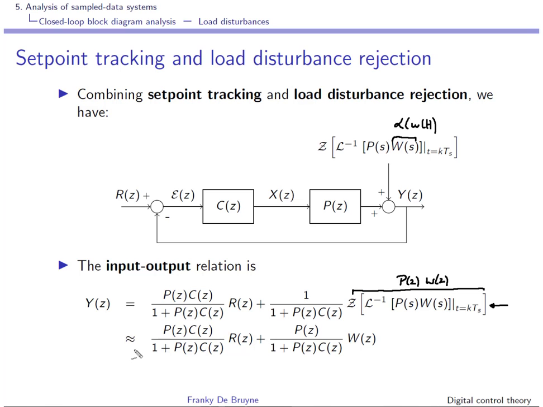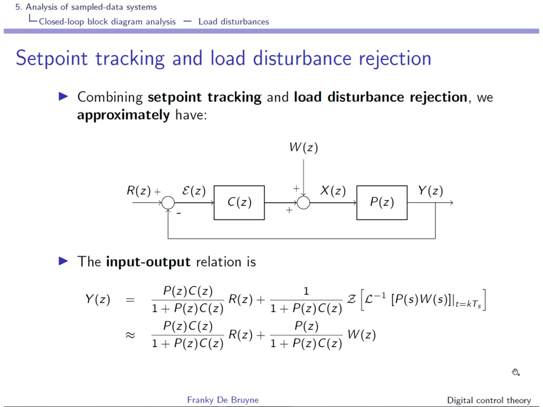So this is really an approximation. Using this approximation, this is the simplified closed loop system that we obtain in discrete time, and it is this one that we'll use to look at set point tracking and to look at load disturbance rejection.